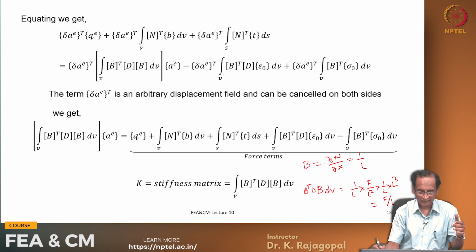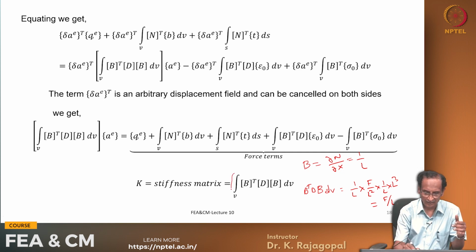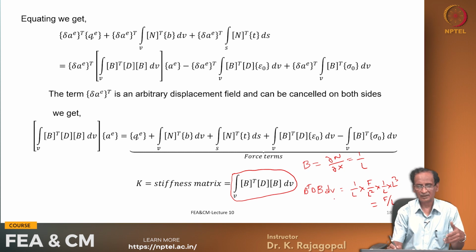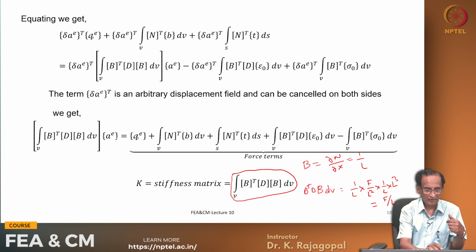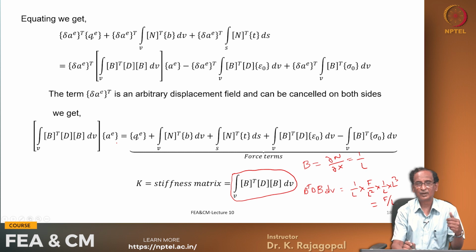So we see that this quantity has the units of stiffness, and so this is the equation for the stiffness matrix of a continuum. If we are able to evaluate this quantity, then we can get our stiffness matrix, and then we have the vector of nodal displacements that we need to solve for.